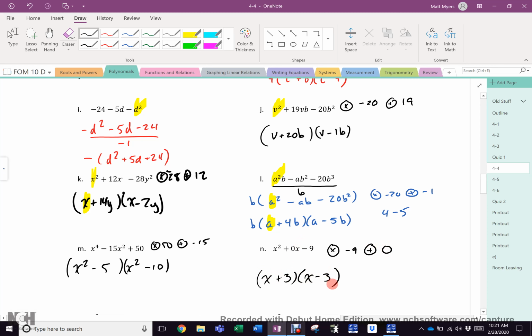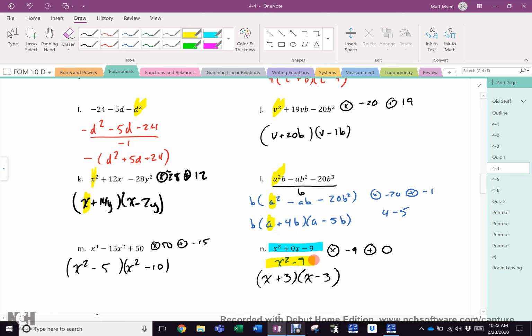Now, why would I write that? Would we ever write that? What should this trinomial really be? X squared minus 9. Keep that in your head.